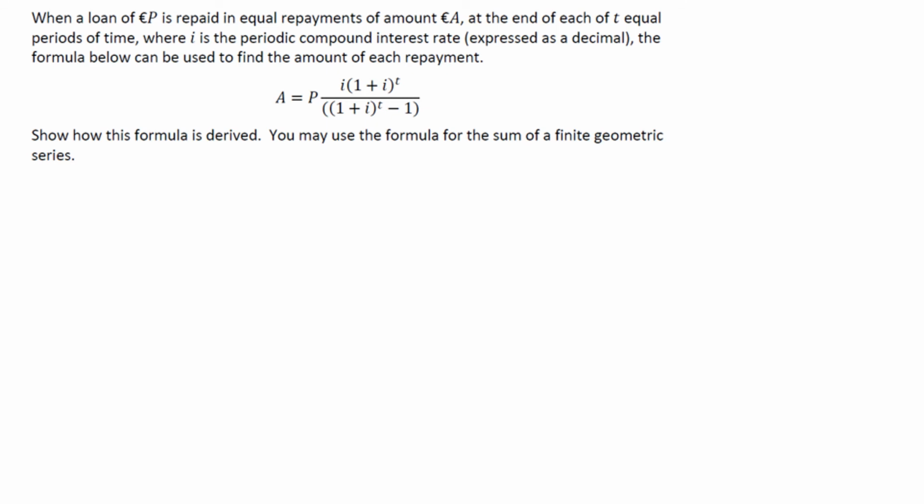When a loan P, so that's our total amount, is repaid in equal repayments of amount A at the end of T equal periods of time, I is the periodic compound interest rate expressed as a decimal. That's really important. The formula can be used to find the amount of each repayment. Show how this formula is derived, and you may use the formula of a sum of a finite geometric series.